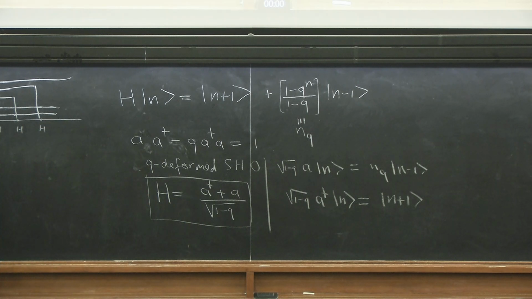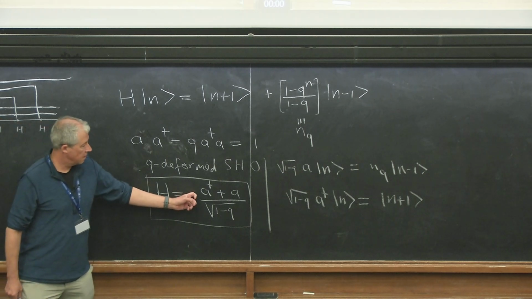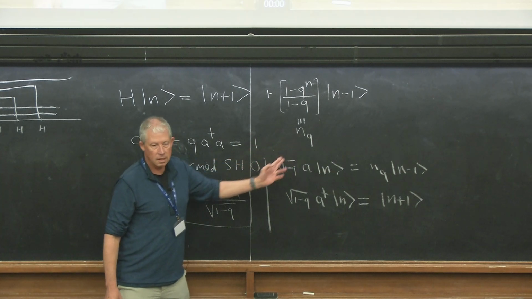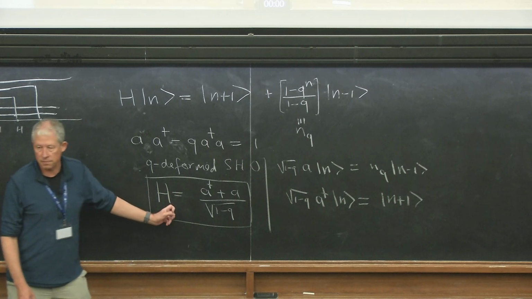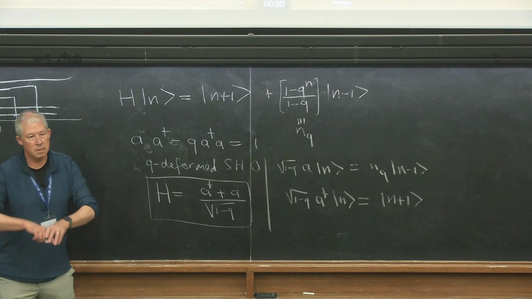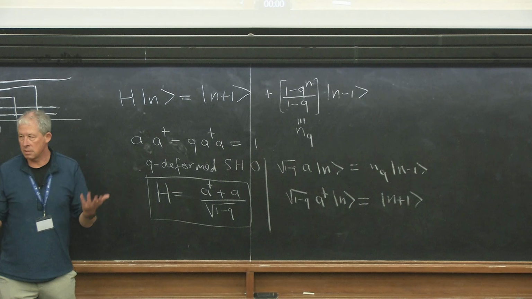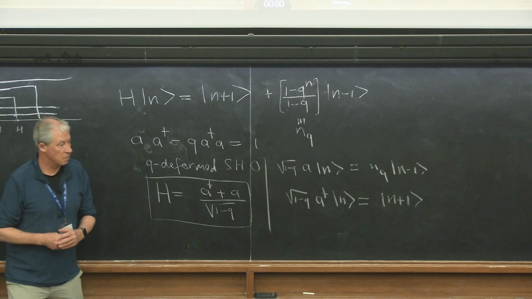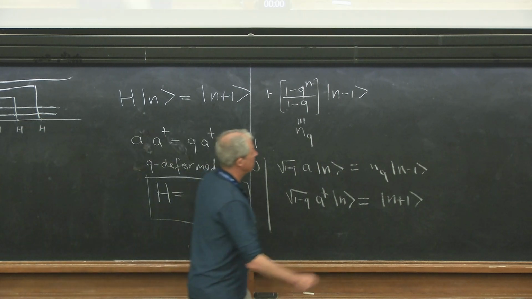Not surprisingly, again, if I think of q as a number that's extremely close to 1, the spectrum that I'm going to find for this particular operator is essentially going to be the Gaussian, which is the ground state of the harmonic oscillator. So let me go and do that.